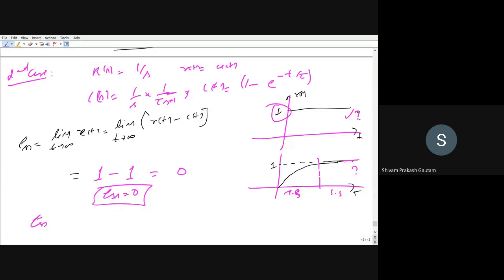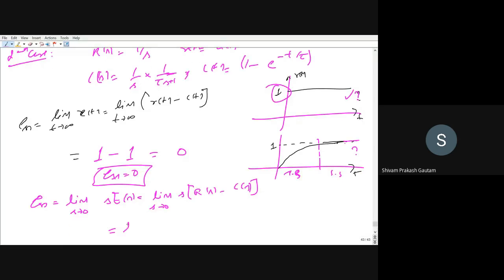You can also calculate from the final value theorem, that is limit s tends to 0 of s E(s), that is R(s) minus C(s), input minus output. So this will be limit s tends to 0 of s into 1 by s minus 1 upon s multiplied by 1 upon tau s plus 1.